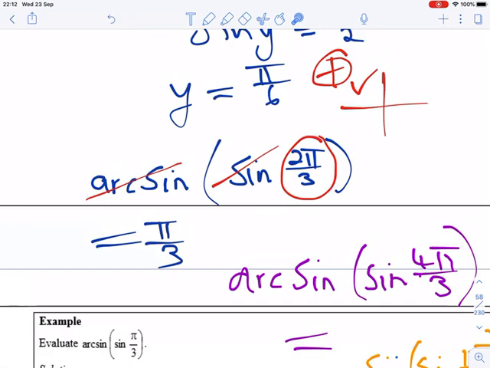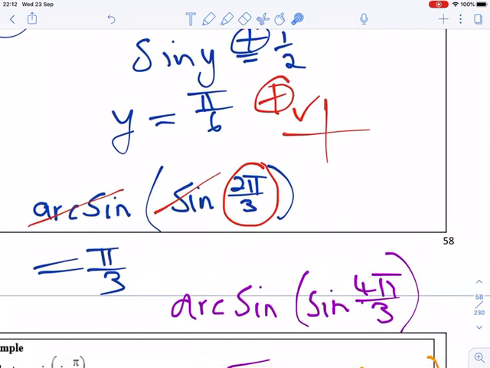This is very important. Okay, so say now I ask you, what is the arc sine of sine 4 pi over 3? Right, so arc sine and sine will cancel one another. But now I need to give the answer in the correct quadrant. So I cannot say the answer is 4 pi over 3, except if it's in the correct quadrant. So where is 4 pi over 3? Well, that is in the third quadrant, and their sign is negative.